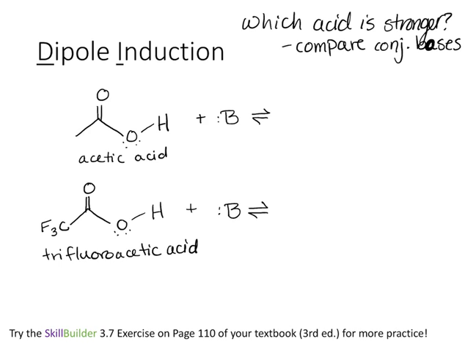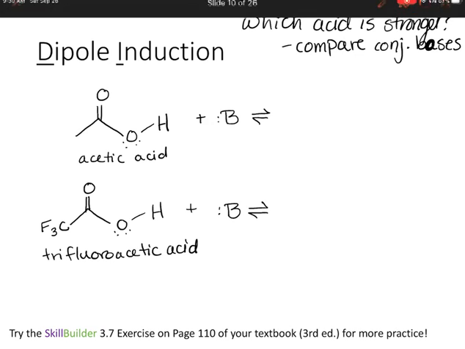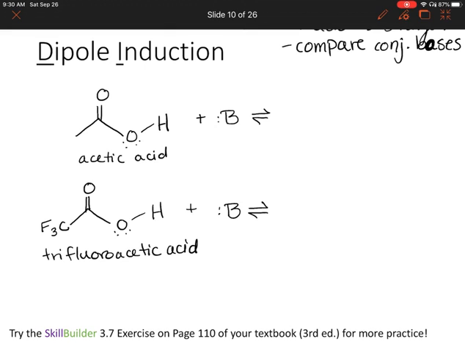And if you want to try to determine the products on your own first, feel free. You can pause the video. All right, so let's see what the products are here. We already know what the products are for acetic acid, right? We did this last time.